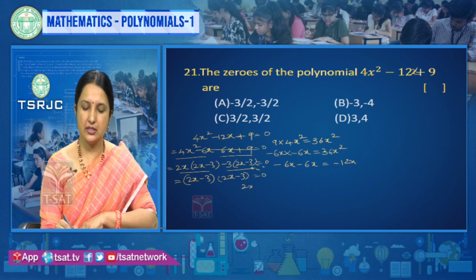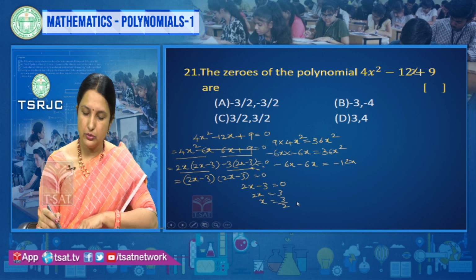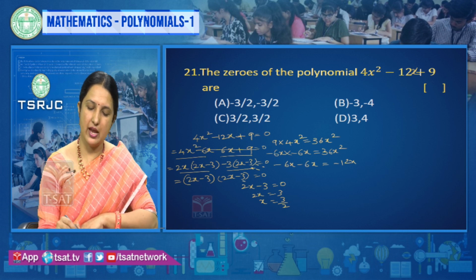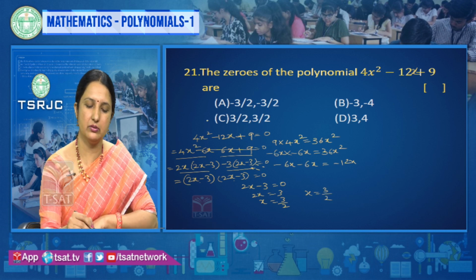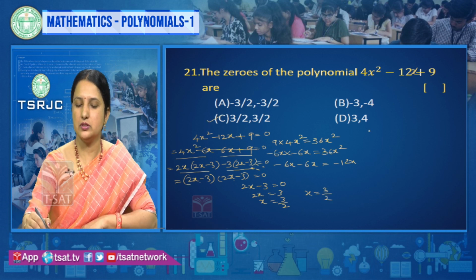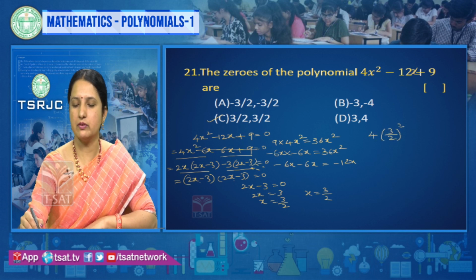When 2x minus 3 equals 0, then 2x equals 3, x equals 3 by 2. There should be 2 values, x equals 3 by 2 and x equals 3 by 2. This is the correct option. You substitute in this: 4 into 3 by 2 whole square minus 12 into 3 by 2 plus 9.